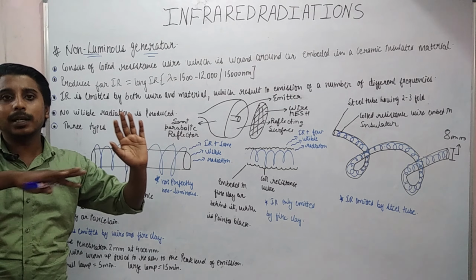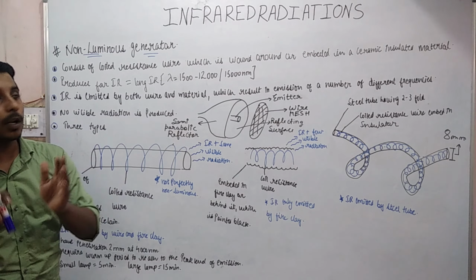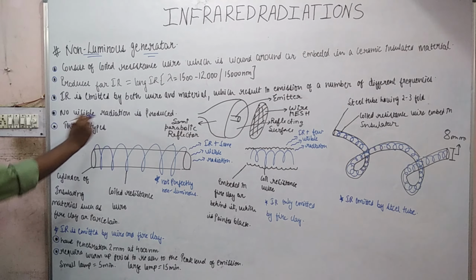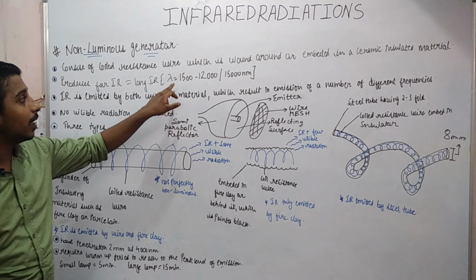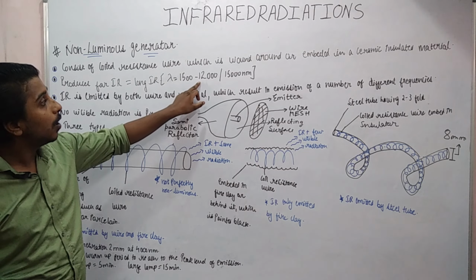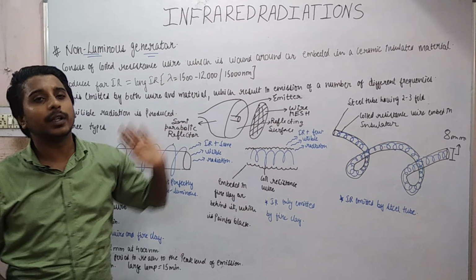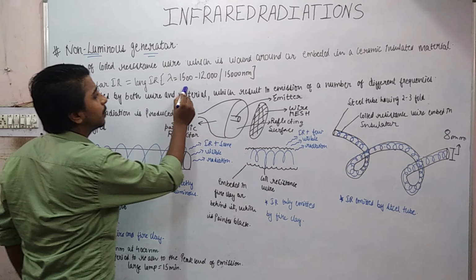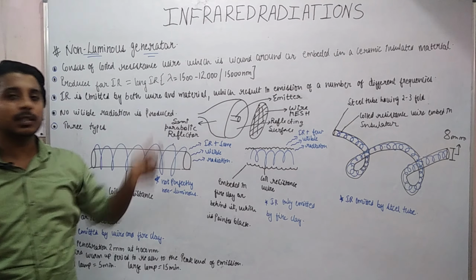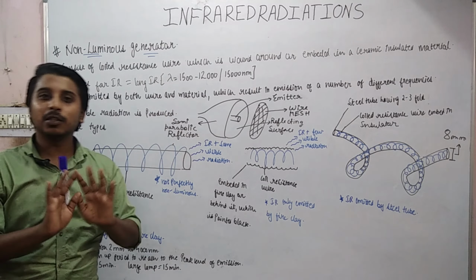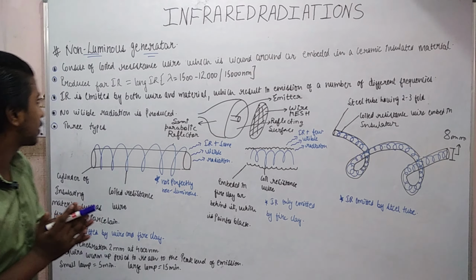There is a wire, either embedded in the insulator or wound around it. It produces far IR, that is the long IR, wavelength 1500 to 12,000 or 15,000. More appropriately, it is 1500 to 15,000, but some books prefer the other value, which is not that hard and fast.